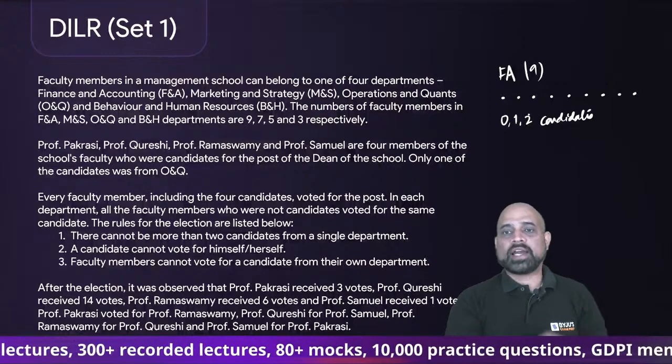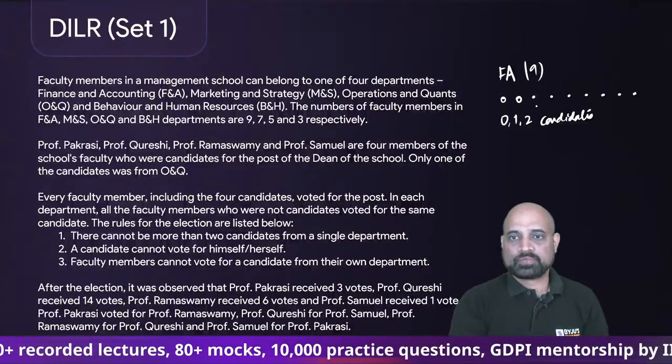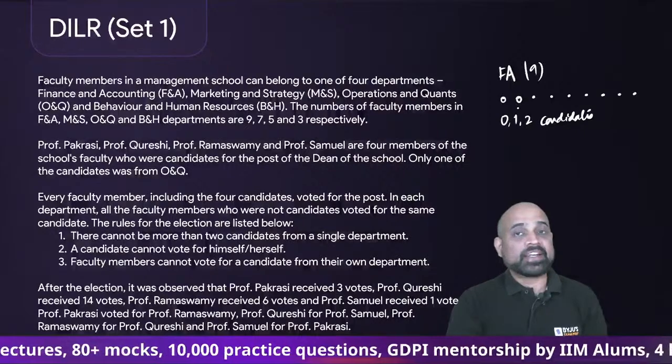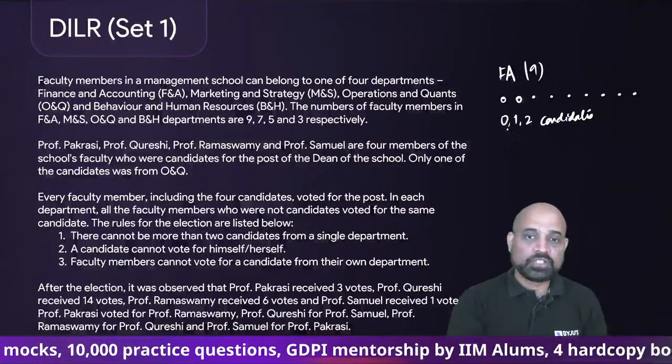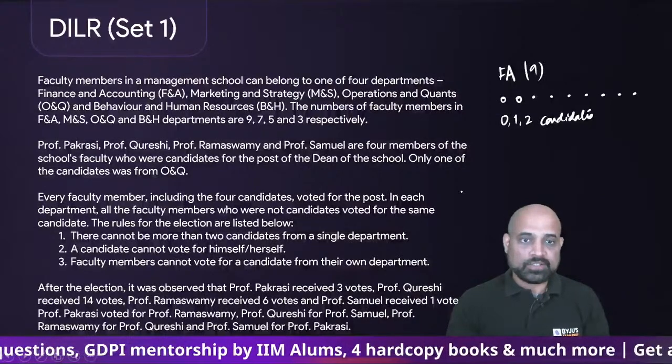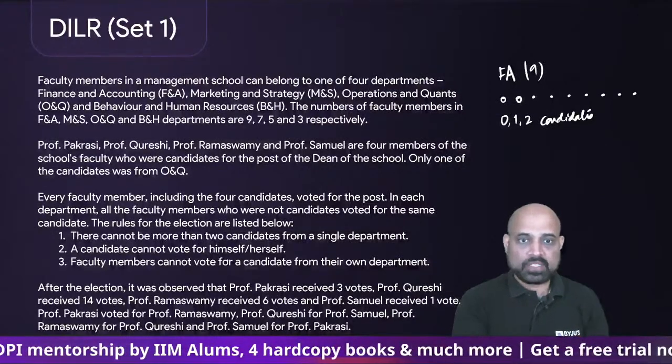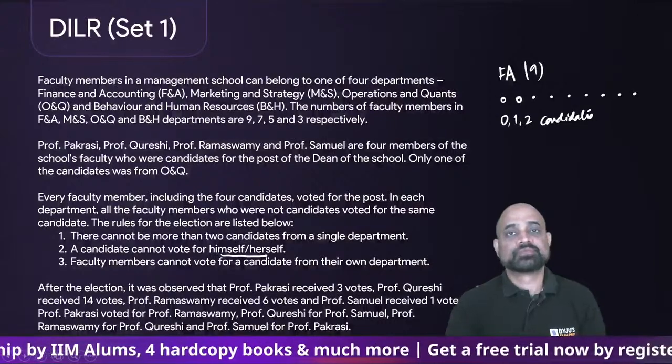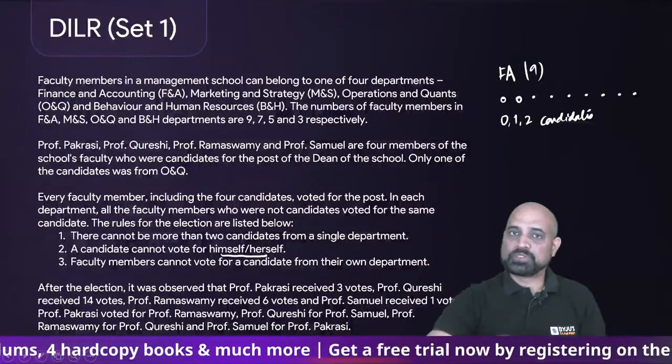Suppose there are 2 candidates from here. So these 2 candidates cannot vote for himself or herself. So these 2 people will not vote for themselves.